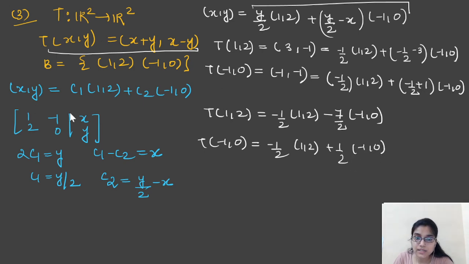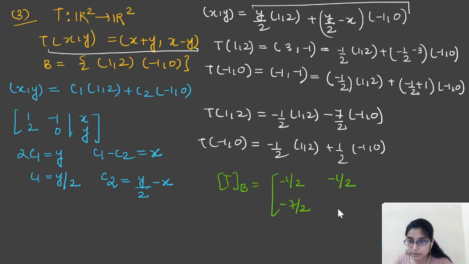We know that we will take the transpose of the matrix. So what we are getting is minus 1 by 2, minus 7 by 2, then again minus 1 by 2 and 1 by 2. This is the matrix that we are getting for this question.